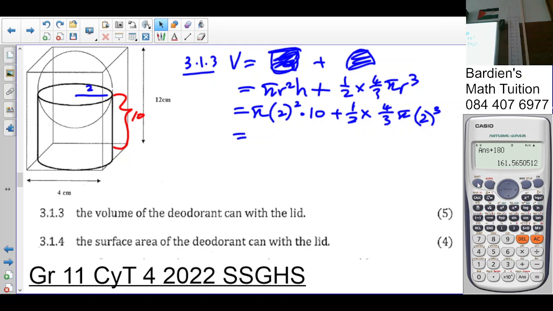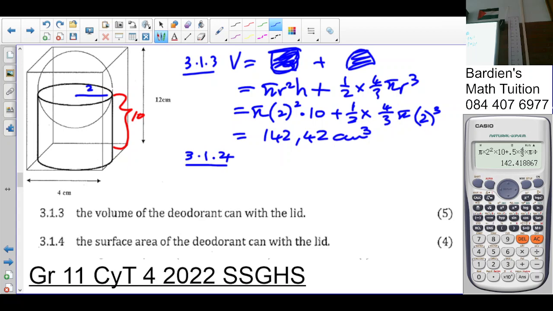There you go, pi times 2 squared times 10 plus a half times 4 over 3 times pi times 2 cubed is 136 over 3 pi, which is 142.42 centimeters cubed.